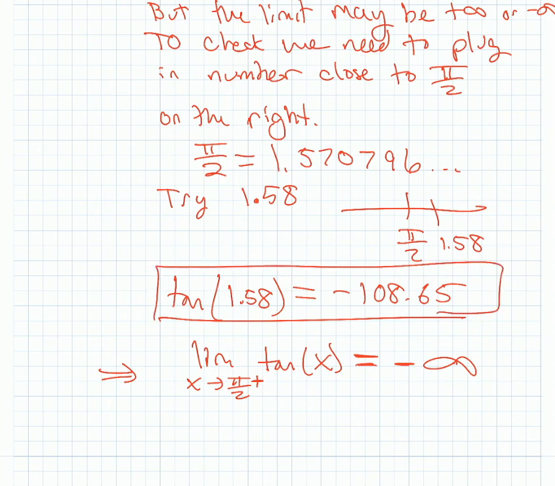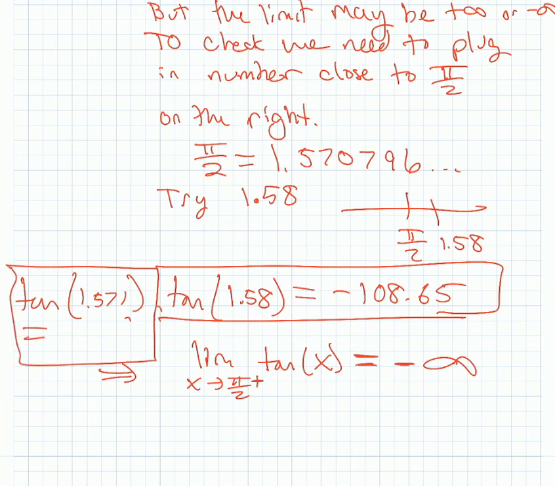Now, if you're not convinced just from this that the limit is going to be negative infinity, you could check more values, right? You could check tangent of 1.571. Isn't that also to the right of 1.570796? It is, and it's a lot closer to pi over 2. So let's try that.